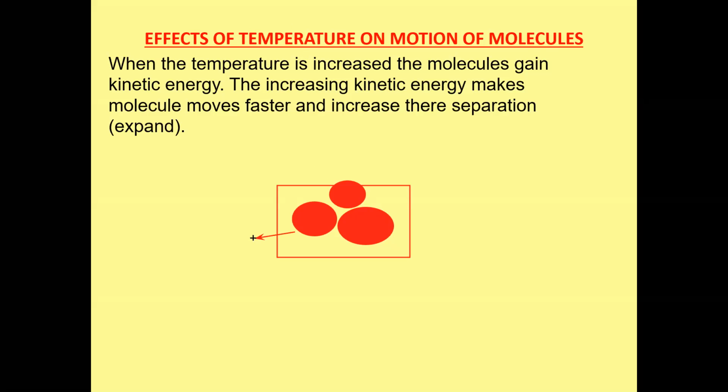As the particles move faster and move away from each other, we observe the separation increase. As the separation increases, we use the term expansion, or we say a substance expands.